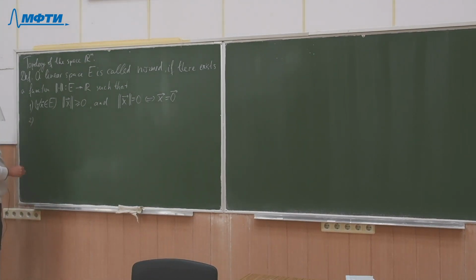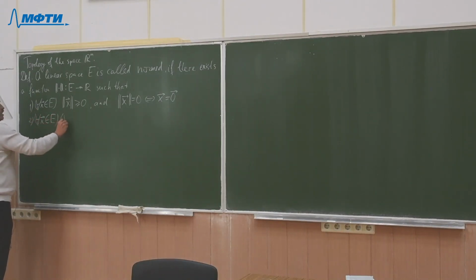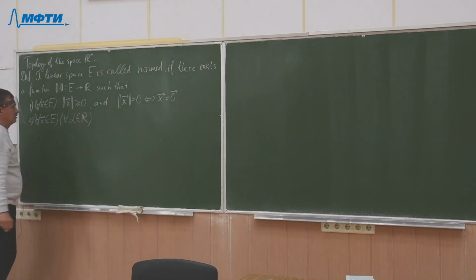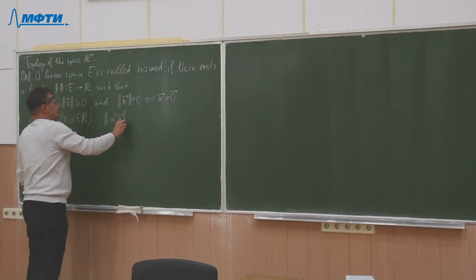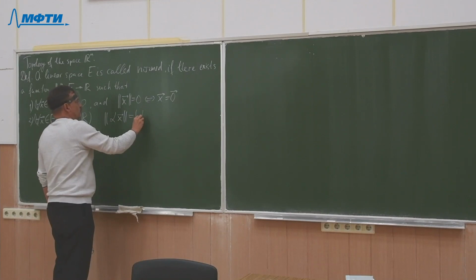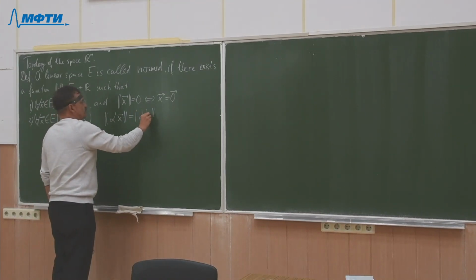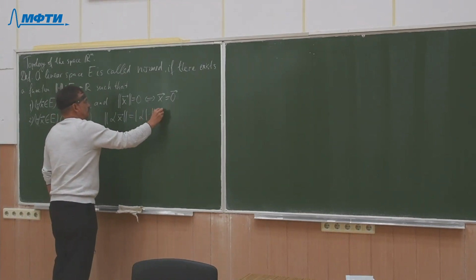Second property: for arbitrary x in E and for arbitrary alpha in R, a real number, we have the norm of alpha x equals modulo alpha times the norm of x.